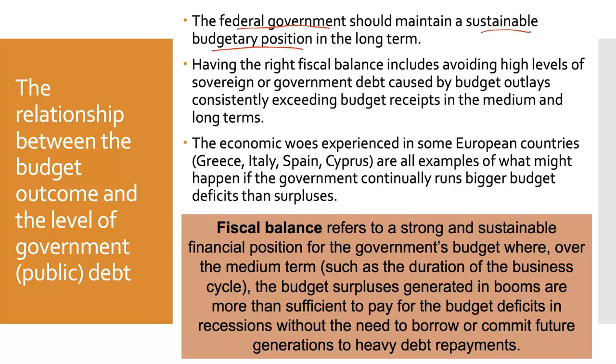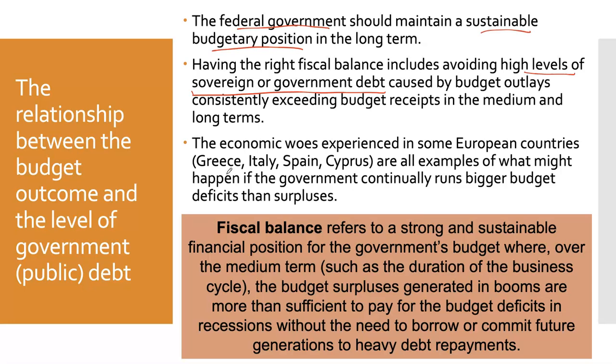And having this right fiscal balance theoretically avoids high levels of government debt caused by these big budget outlays, big budget deficits. And there is a warning because a number of countries, particularly in Europe, Greece, Italy, Spain, Cyprus, Portugal, and Ireland, to name a few, are all examples of what happens if a government continues to run big deficits.